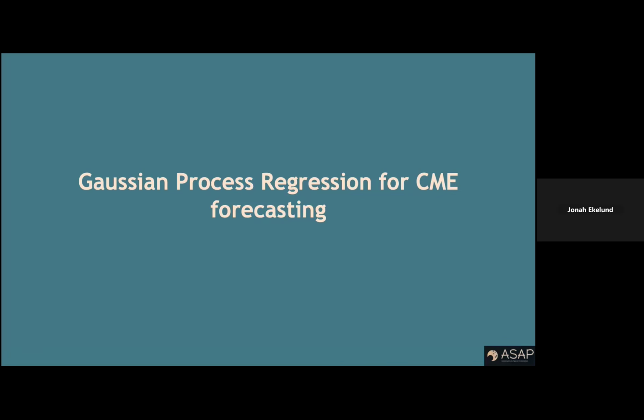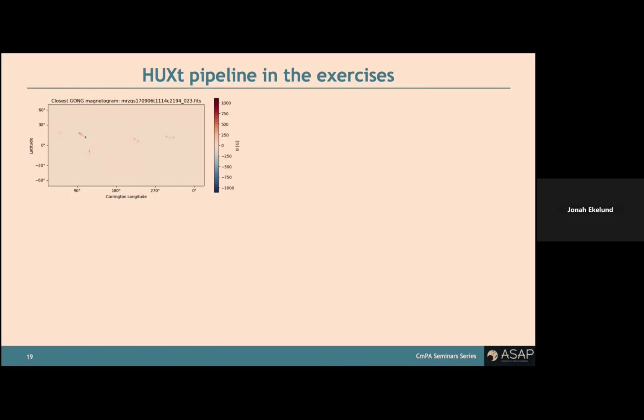We're going to apply Gaussian process regression to build a model for the CME as a function of the cone parameters, such as the size of this CME, the width of it, the latitude, longitude, and velocity. And so the pipeline in the exercise is going to consist of the GONG magnetogram, which was discussed, so I'm not introducing it.